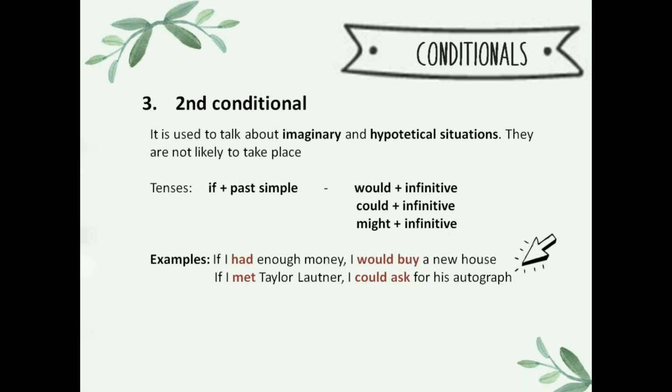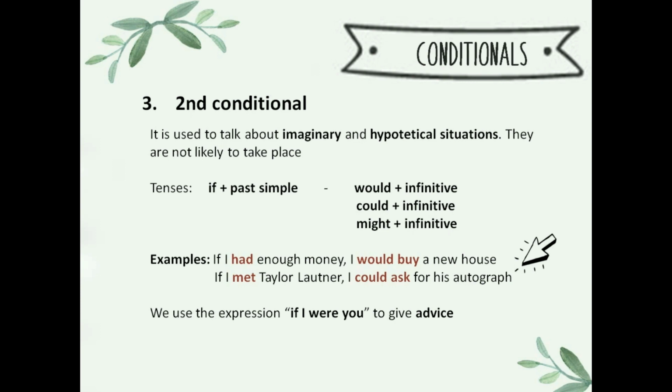Look at the example. If I had enough money, I could buy a new house. Or if I met Taylor Lautner, I could ask for his autograph. And be very careful, because we can use the second conditional if we want to give advice or a tip.